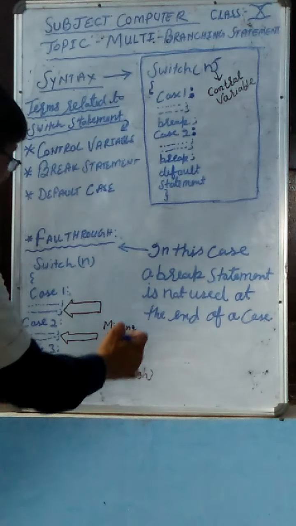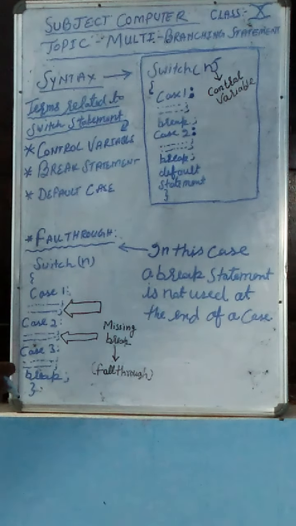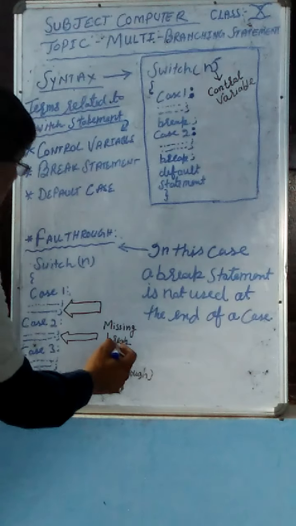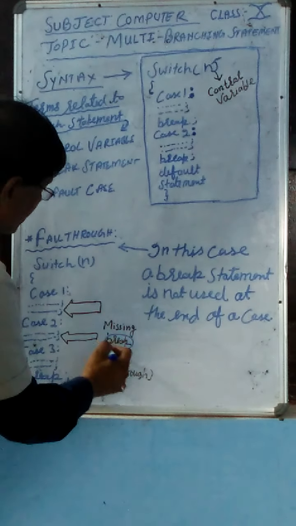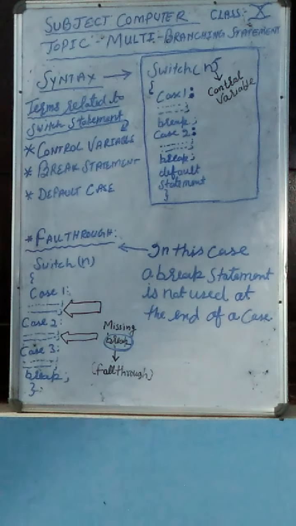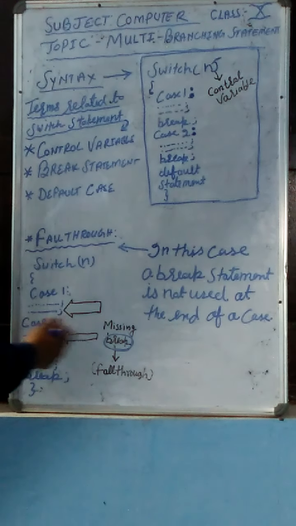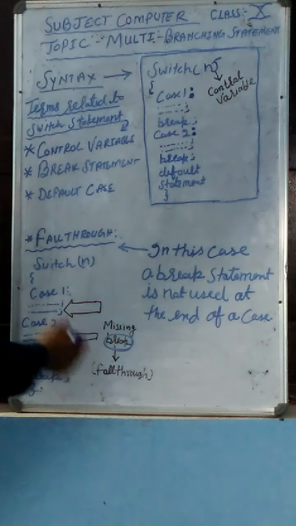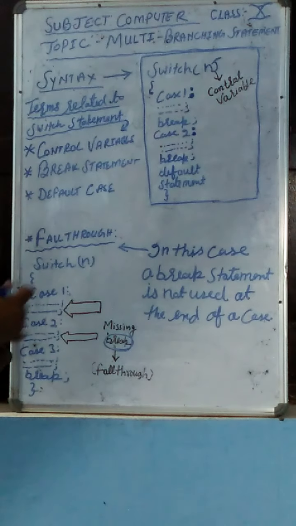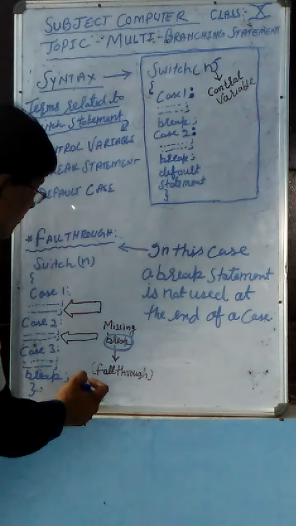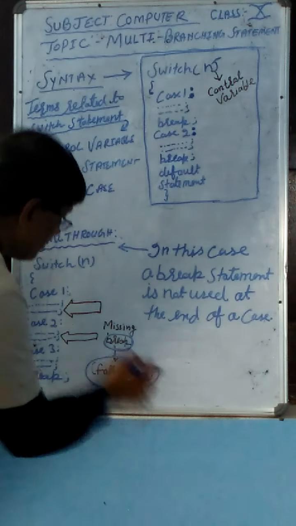These are missing the break, because we are not giving the break statement. Case 1, then statement, case 2, then statement, case 3, then statement, then in the last we are using the break. That is called the fall through statement.